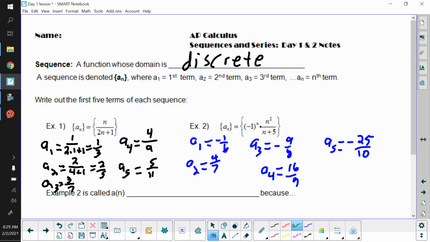So example 2 is what's called an alternating sequence. That's because it alternates signs.